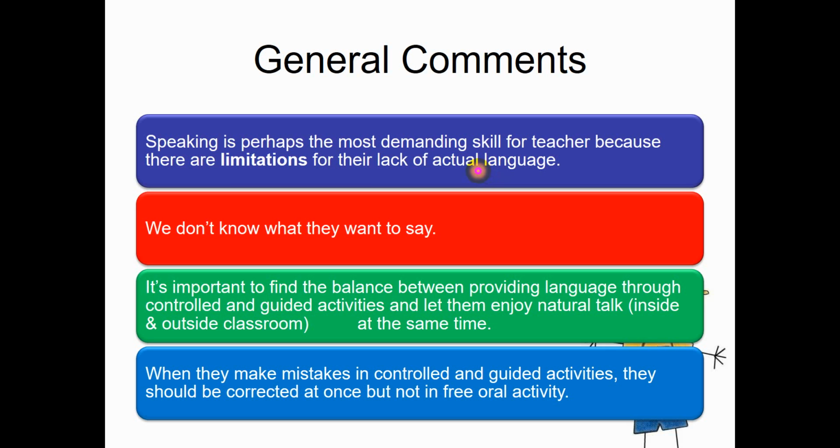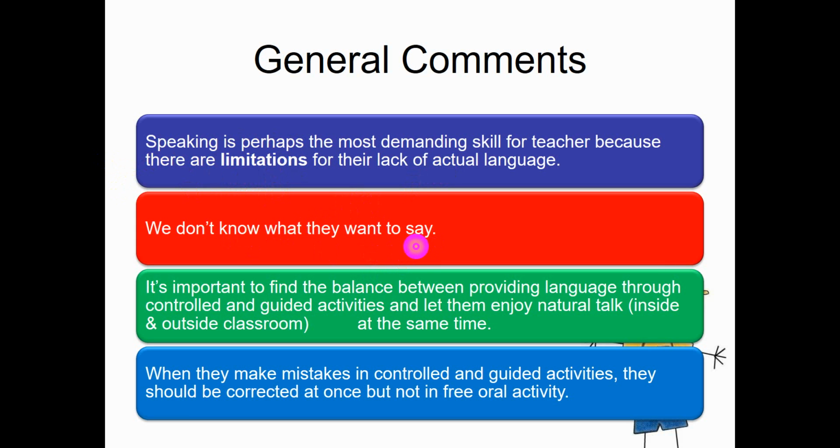The second thing we have to remember is that children are unpredictable. Sometimes we do not know what they want to say, and when they say something, sometimes it is surprising for us. So it is very important to find the balance between the first one and the second one: the limitation of actual knowledge in the children, and that we do not know what they want to say.